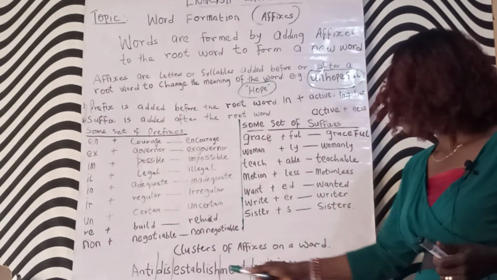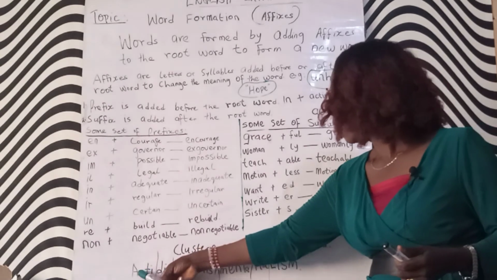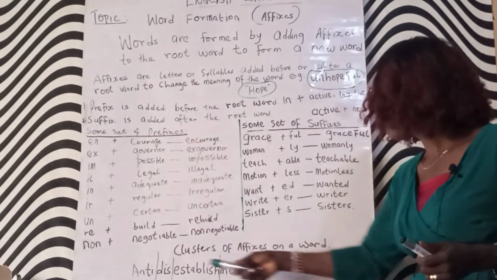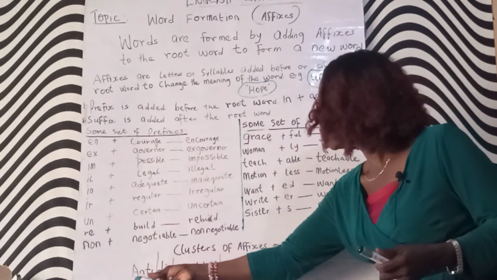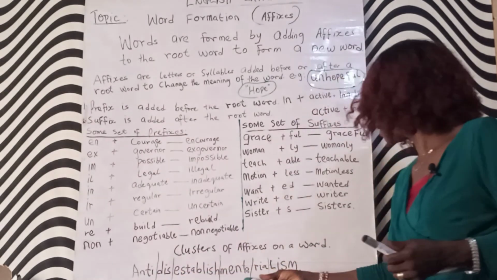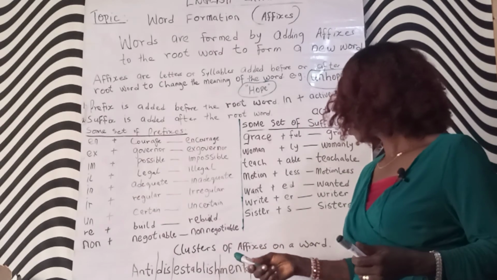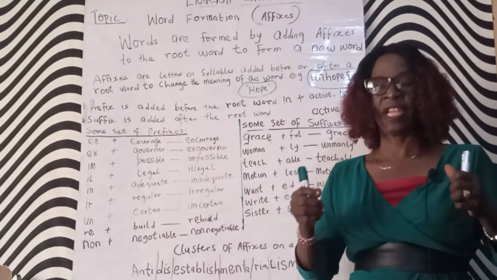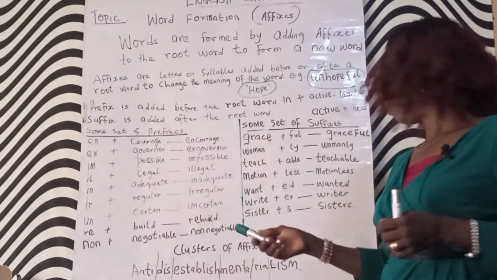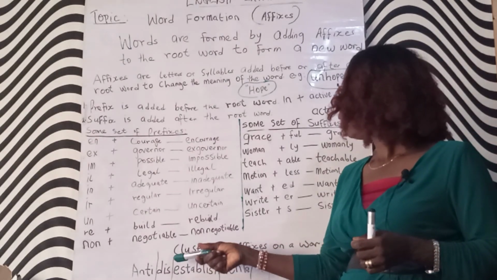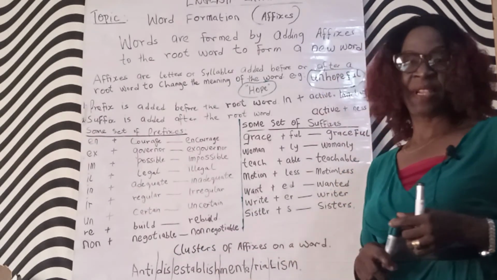Disestablishmentarianism. These are clusters of prefixes and suffixes. We call them clusters of affixes on a word. Next time we're going to be treating more on clusters of affixes.